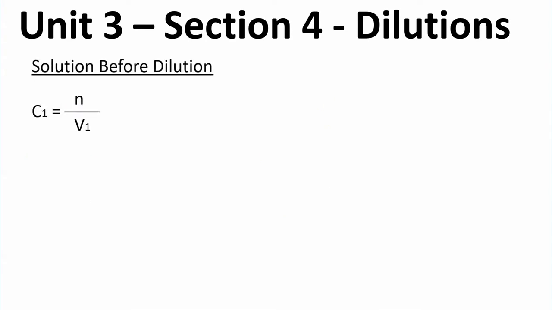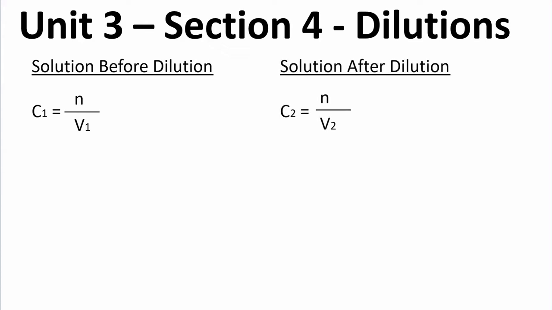So we're going to go ahead and do that. Let's take our solution before the dilution, and I'm going to use little 1s to represent that. So we've got a C1 concentration and a first volume, V1, and I put that into our C equals n over V formula, our molarity. Now, for our solution after the dilution, I'm going to use little 2s to represent our concentration and volume, because anything with a 2 or a 1 is going to be changing.